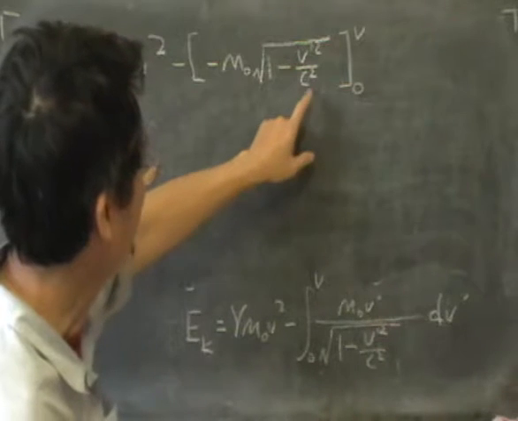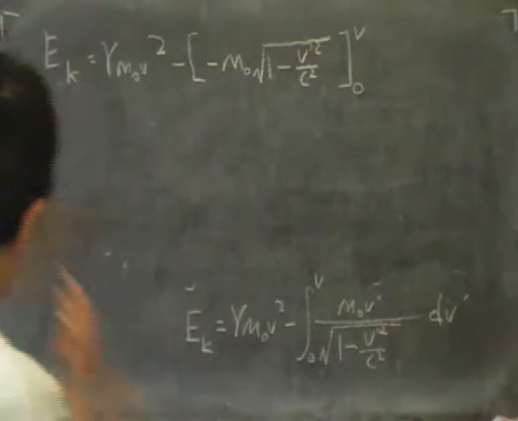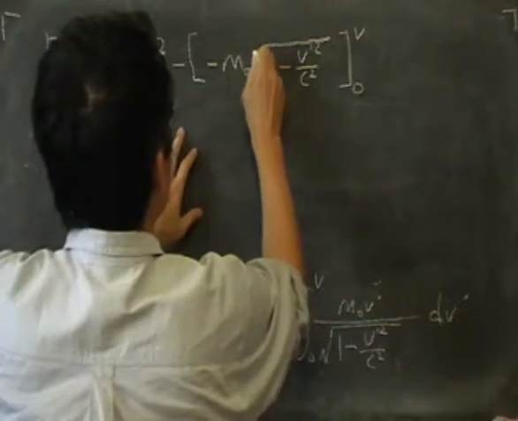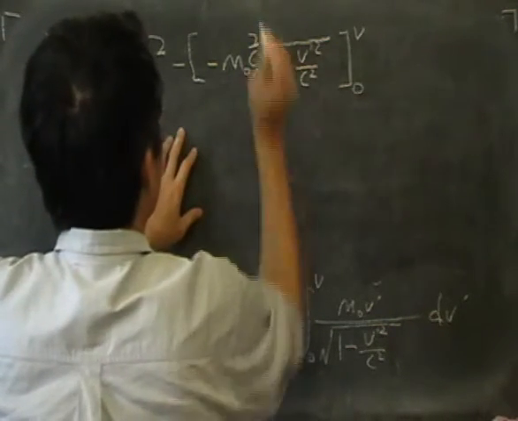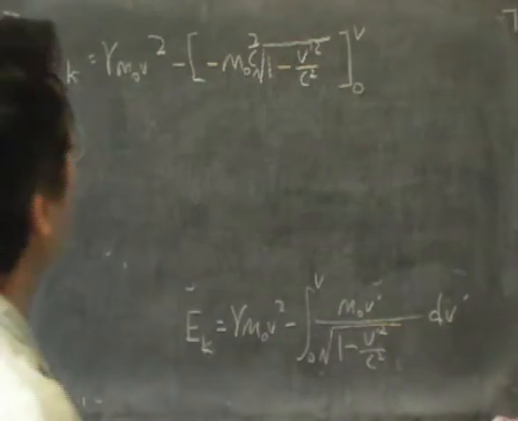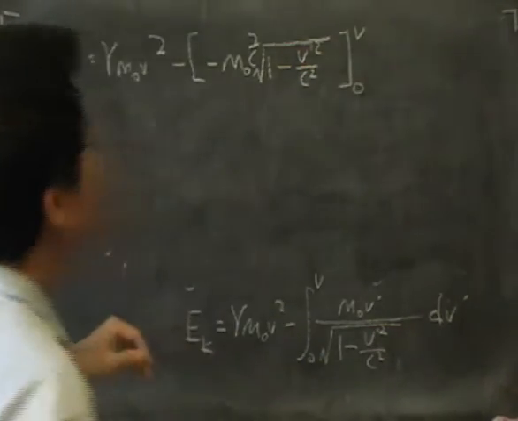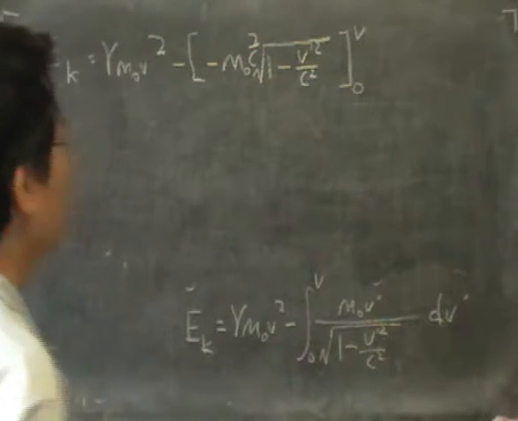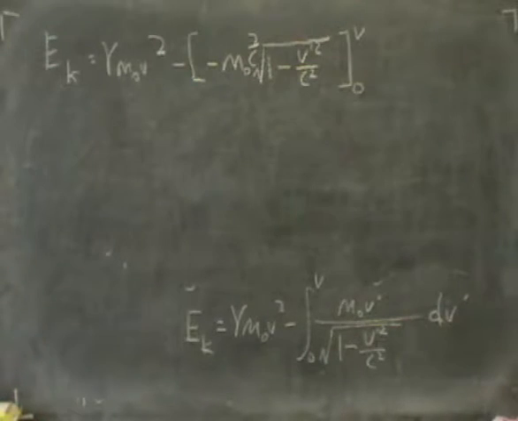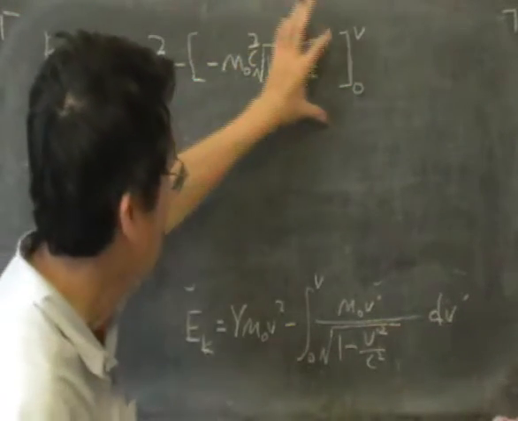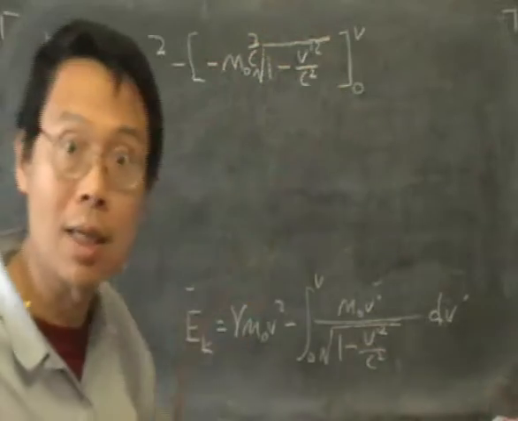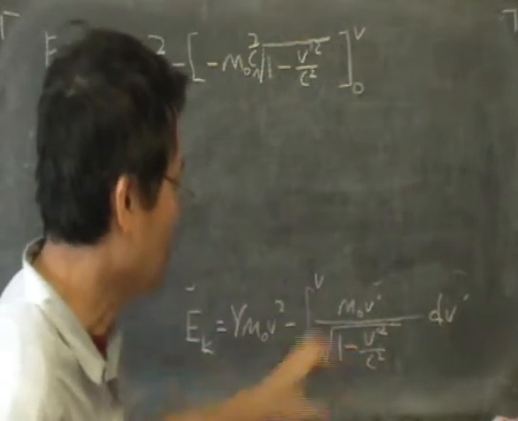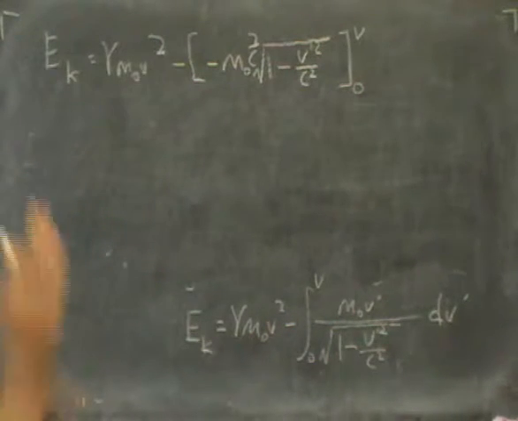And I would have an additional c squared to worry about. To remove that I need to insert a c squared factor there. And then I have a minus sign to get rid of, so I have a minus sign outside to take care of it. So when we integrate this, we would get that. You can check that simply by differentiating this to make sure that you recover this expression. So this is it.